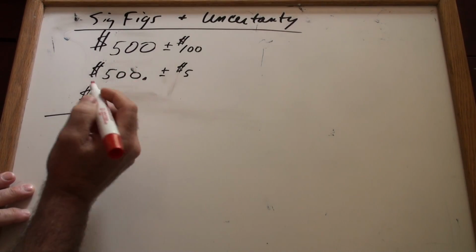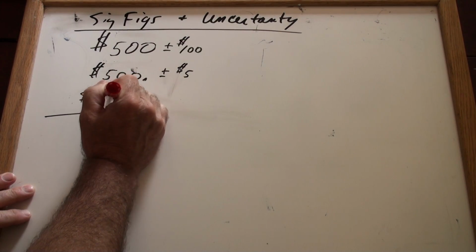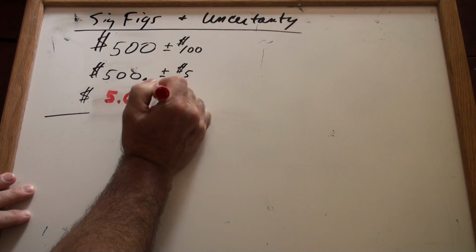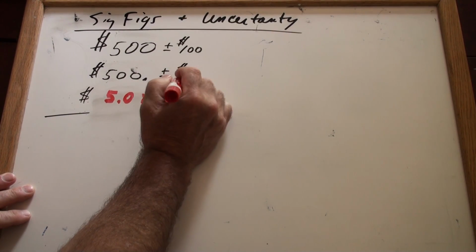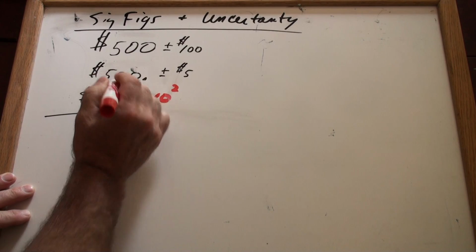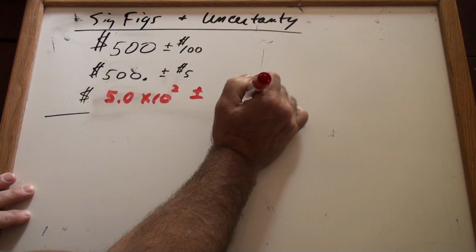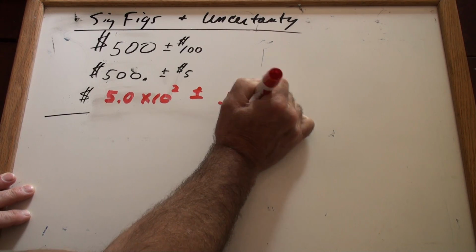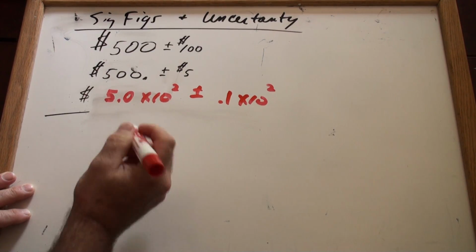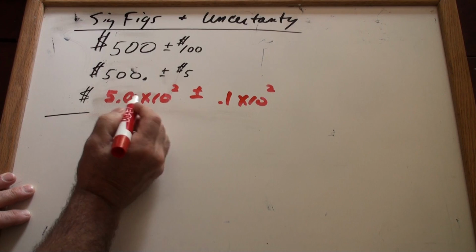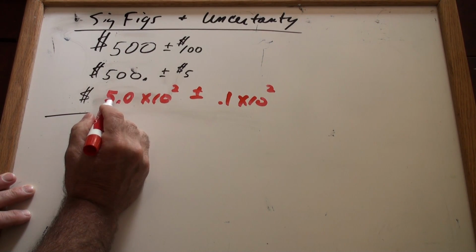All right, so folks, the only real answer to that is to change it to scientific notation, which is 5.0 times 10 to the second dollars plus or minus 0.1 times 10 to the second. In other words, the guess is a tenth of a hundredth.